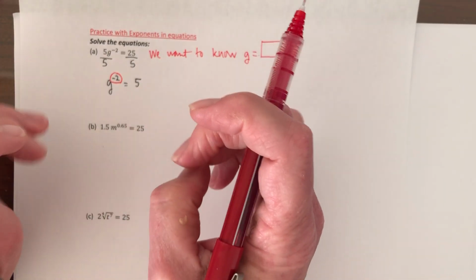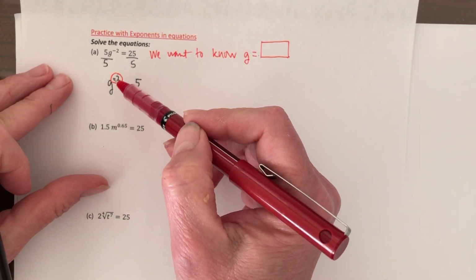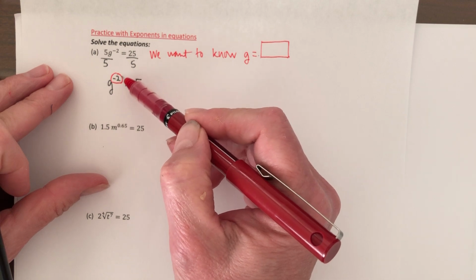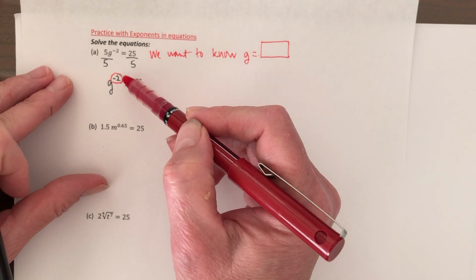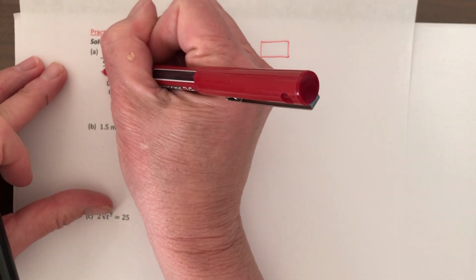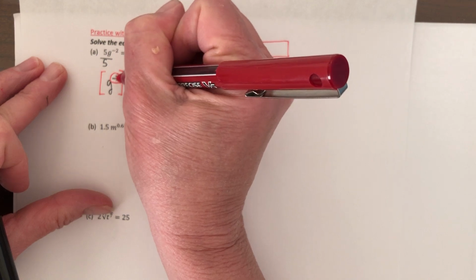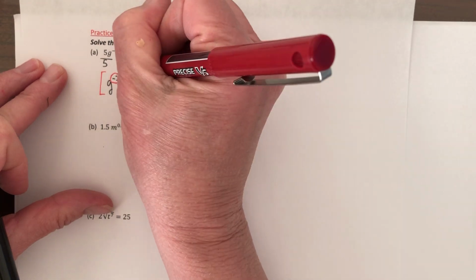And I remember back that with exponent rules, if you have a power to a power, you multiply those powers to simplify them. So is there something that we could multiply negative 2 by to create a 1? Negative 2 times something equals 1.